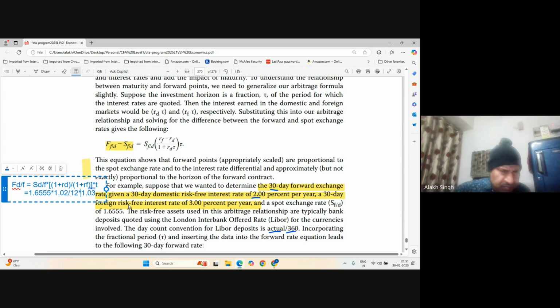But here T should be in the bracket, in the bracket of 1.03 as well. Let's put this in the big bracket.